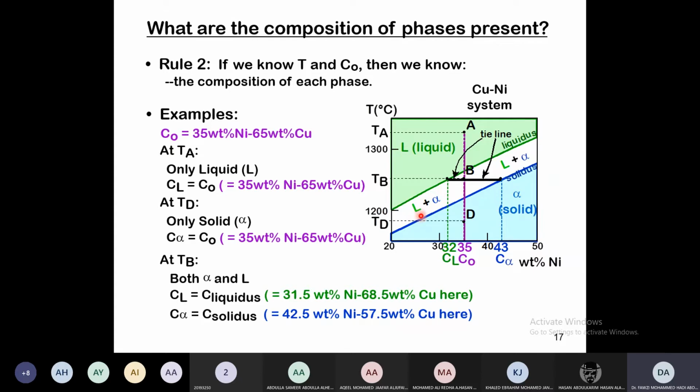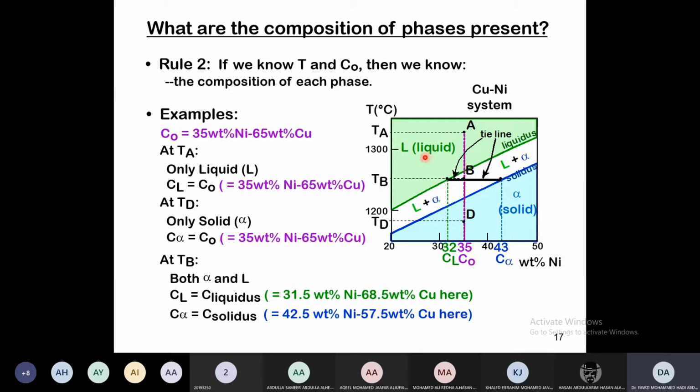What is the composition of the liquid and what is the composition of the solid, since you have two phases there? In order to determine that, we draw a line which we refer to as the tie line. It's a horizontal line starting from your composition here. It is going to intersect the solidus line at this point, and it intersects the liquidus line at this point.